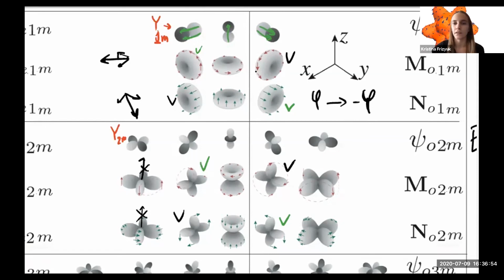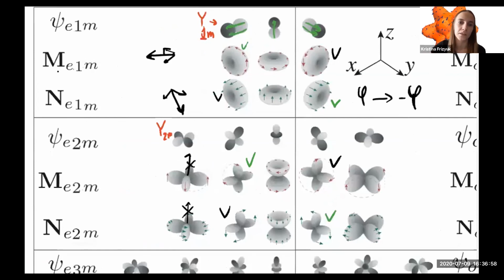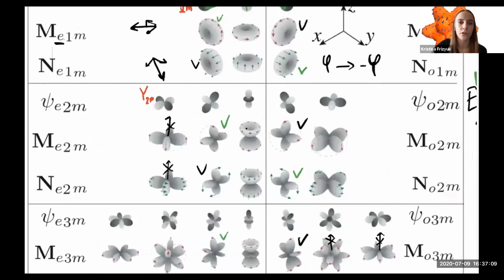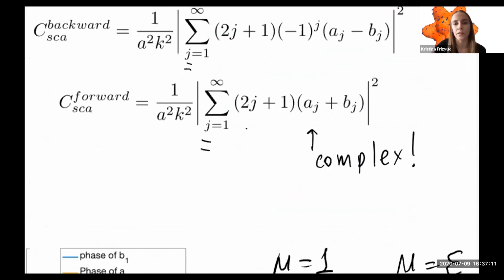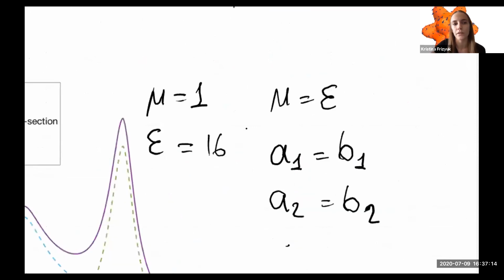But magnetic harmonics have opposite behavior. So for magnetic harmonics, the letter even means that they are actually odd under such reflection. Magnetic harmonics always have opposite reflectional parity.